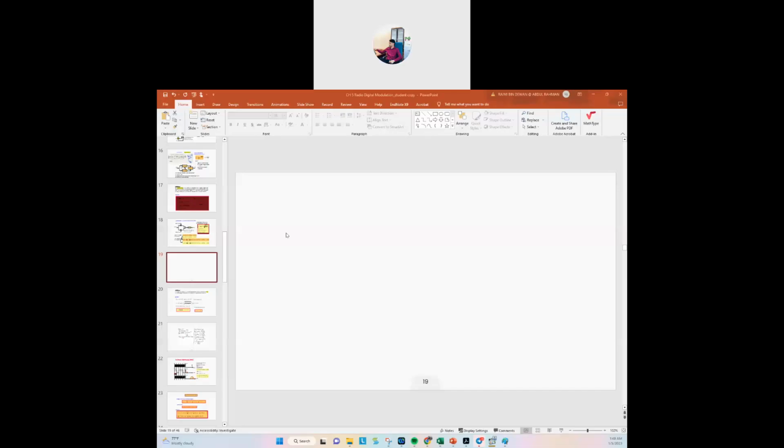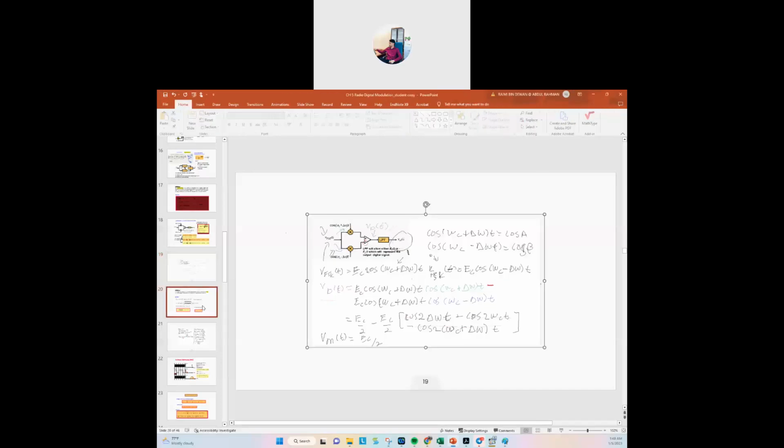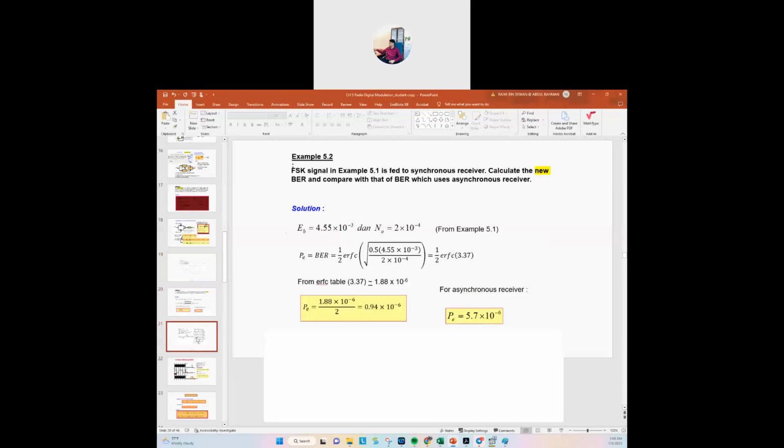You try it, then you will appreciate the operation, and you can relate if you do it yourself rather than just looking. So you practice. This one we already went through just now.